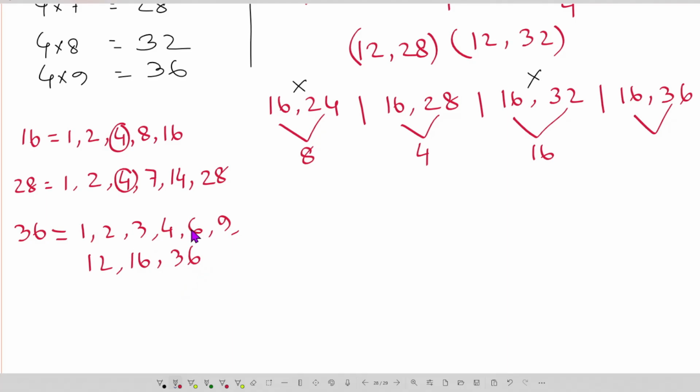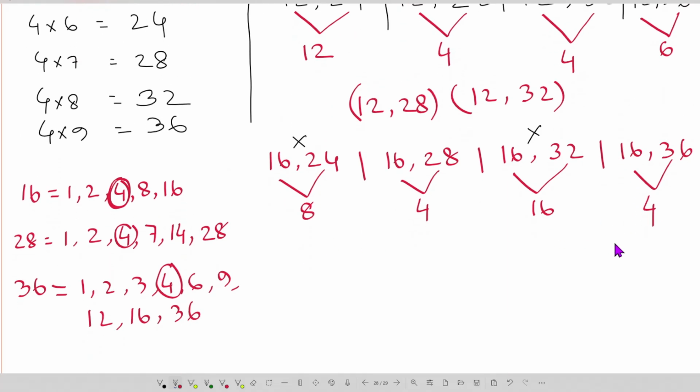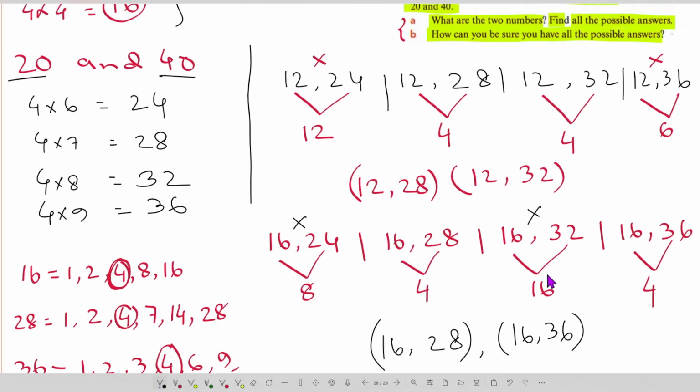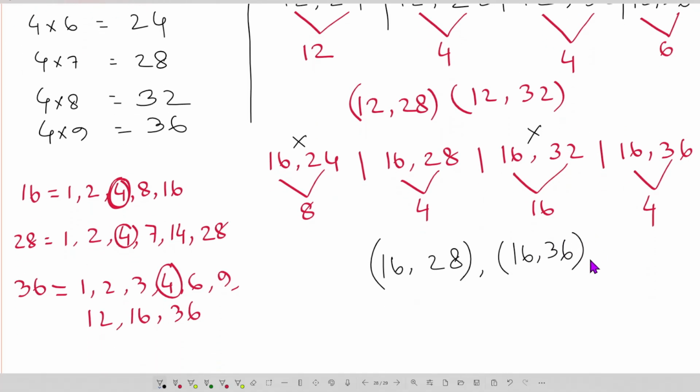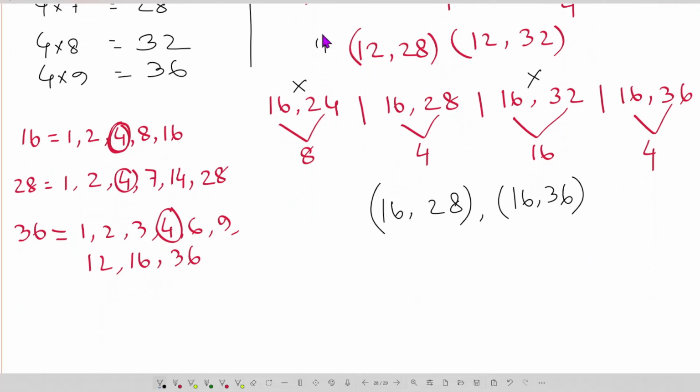So look, here the highest common factor is 4, right? 4 is the highest common factor on both sides, so we can take this one, 4. Now the possible ones are 16, 28 and 16, 36. So we cannot take 1. Here the possible factor is 4. The first one is 12, 28, second 12, 32, third 16, 28 and fourth 16, 36.